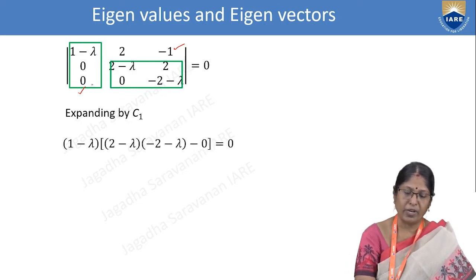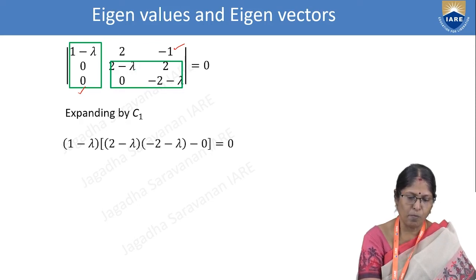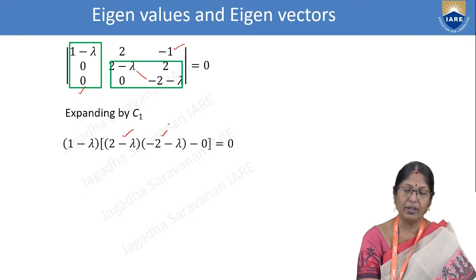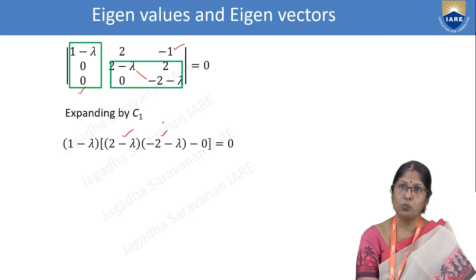The determinant, that is 2 minus lambda. Both of these we multiply, with a minus. This mathematics we have to remember. So this into this, it is written with a minus, the minus from the formula.